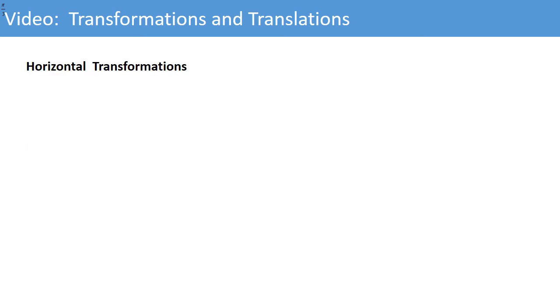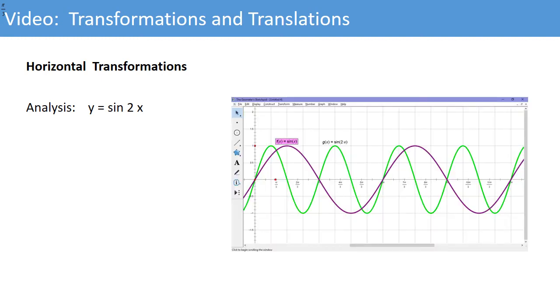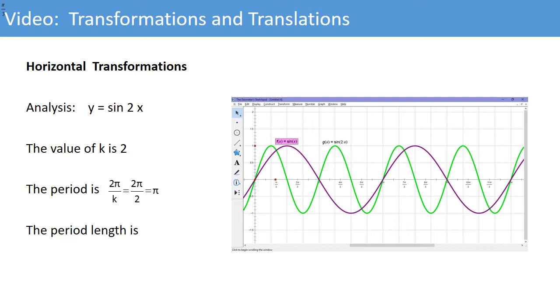Horizontal transformations. Here's the equation we're going to analyze. Y equals sine 2x, shown in the graph in green. The value of k is 2. The period is 2 pi divided by k, which is 2 pi divided by 2, which is pi.